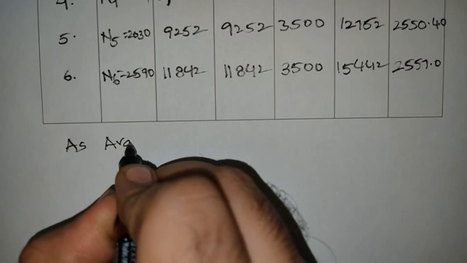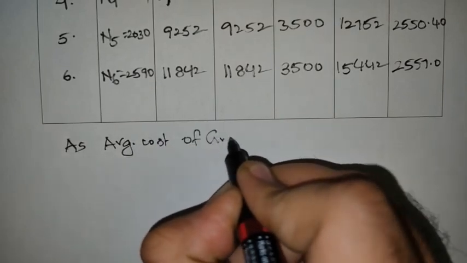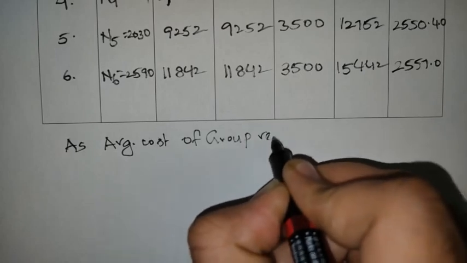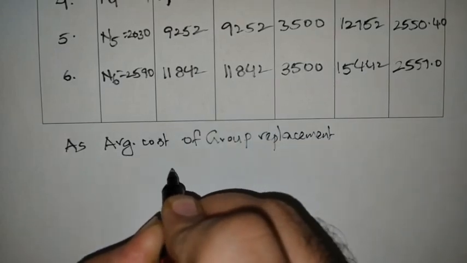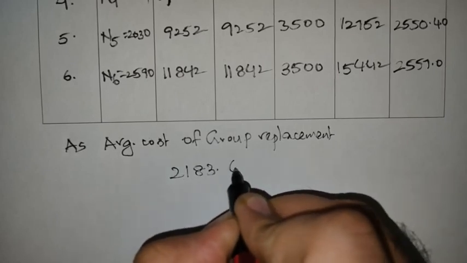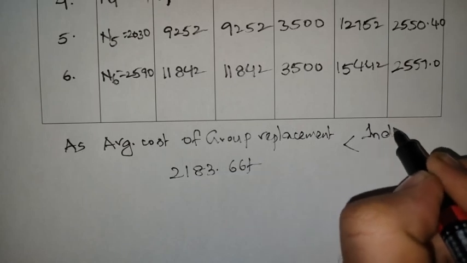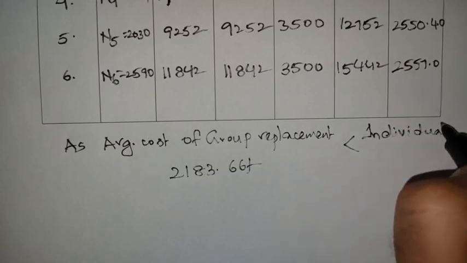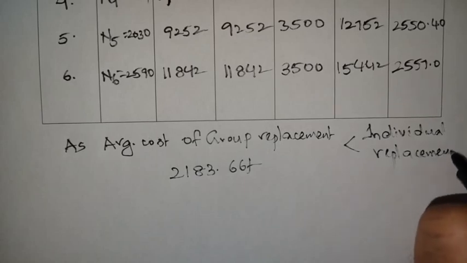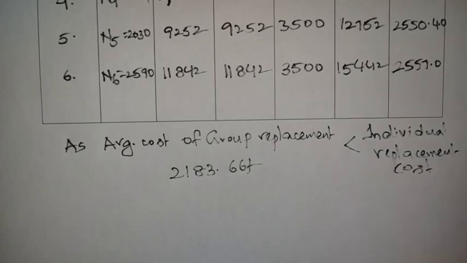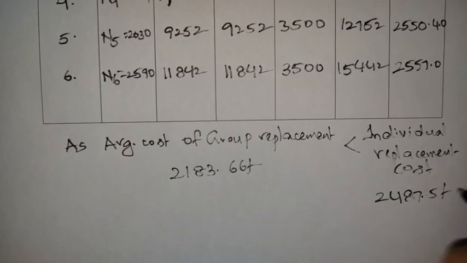So finally write that conclusion statement as: average cost of group replacement, that is 2,183.66 rupees, is less than individual replacement cost, that is 2487.5 rupees.